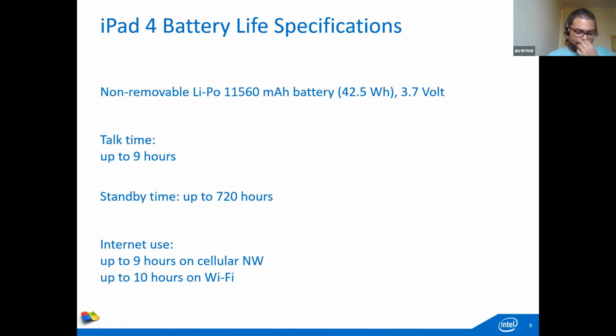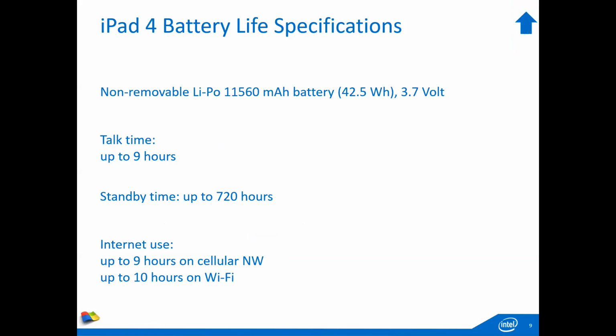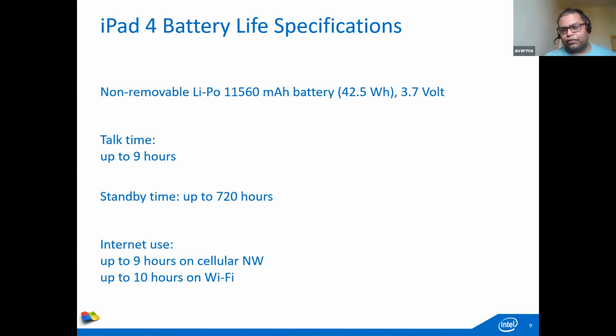Okay, so I've just taken one example from iPad for battery life specifications. So this is one non-removable lithium polymer 11560 milliampere battery, and I think the right side 42.5 watt hour is not given. 3.7 volt will be given actually, but I think 42.5 watt hour is not given.